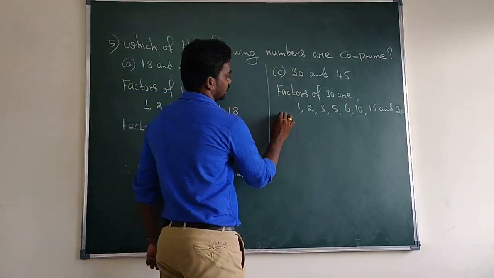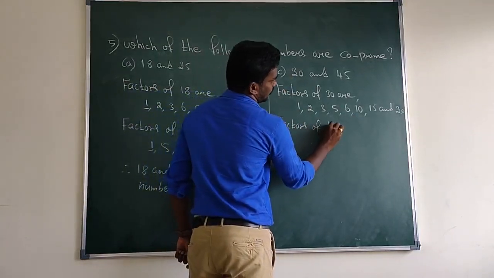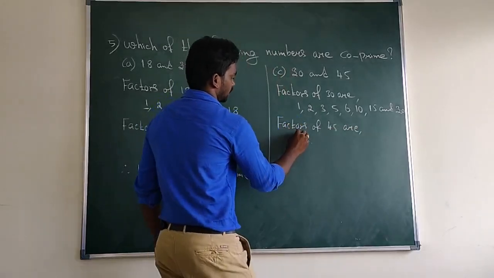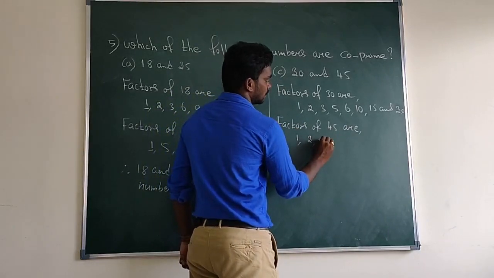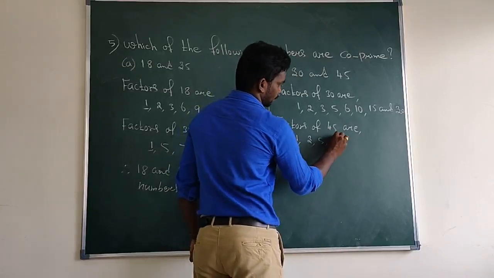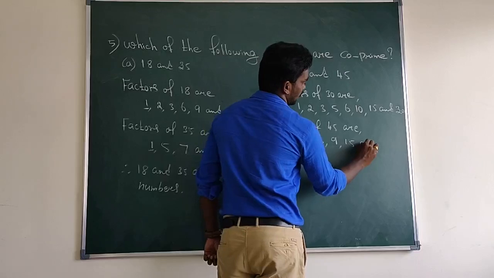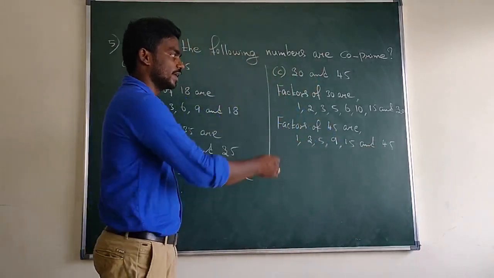What are the factors of 45? Factors of 45 are 1, 3, 5, 9, 15 and 45.